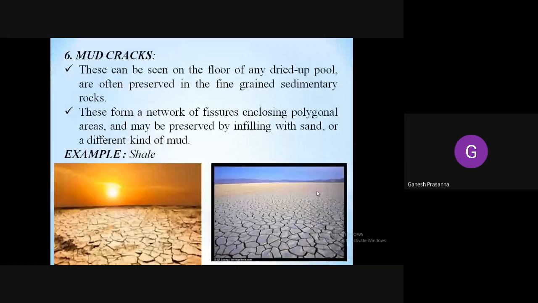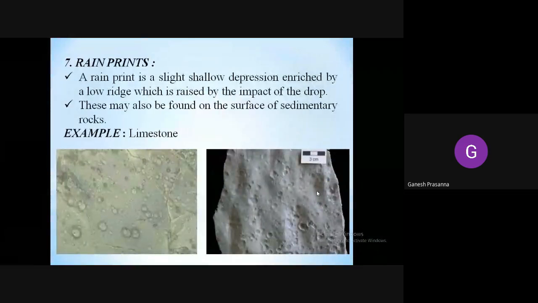Okay, mud cracks. Coming to the rain prints, these rain prints are the ones which are formed due to the drops of the rain. Okay, whenever the rain drops on the rock types, these drops of water cause impacts, or cause depressions on the rocks.